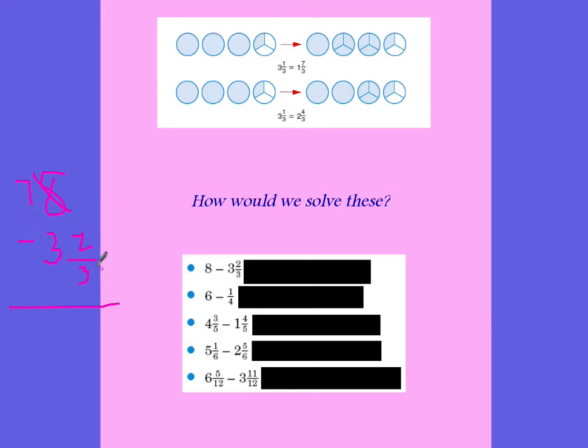And remember, we already have a denominator of 3, so we might as well continue that. And how many thirds is equal to a whole? 3/3 is. So now 3/3 minus 2/3, we are left with 1/3. After you subtract your fractions, you need to subtract your whole number. 7 minus 3 is 4.